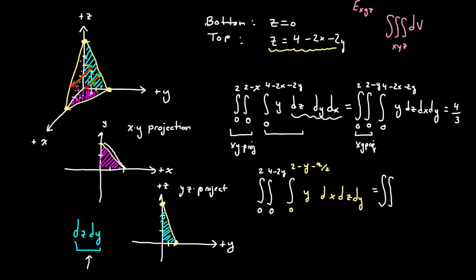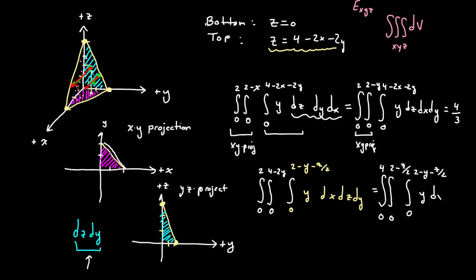And just for completion, I'll finish up this one where I just switch the y and the z. All right, so that's going to be from 0 to 4, fixing the z. And then y is going to vary from y equals 0 to 2 minus z over 2. And then, of course, we have the x, which is going to be the same thing. I got a little sloppy here.